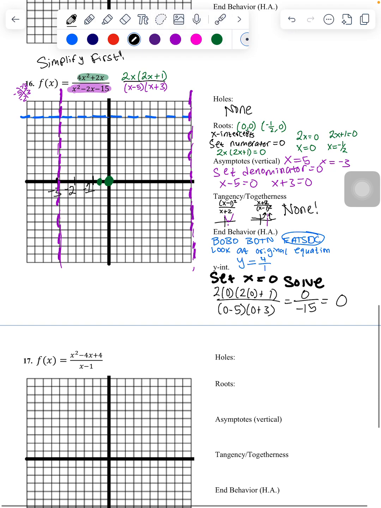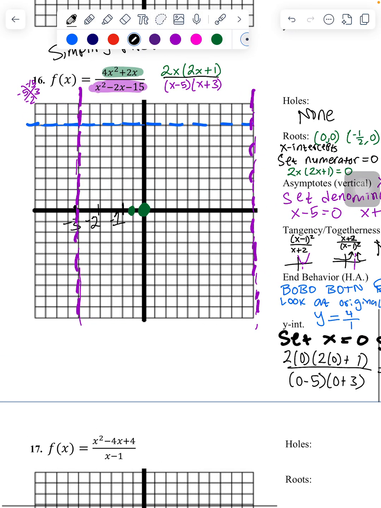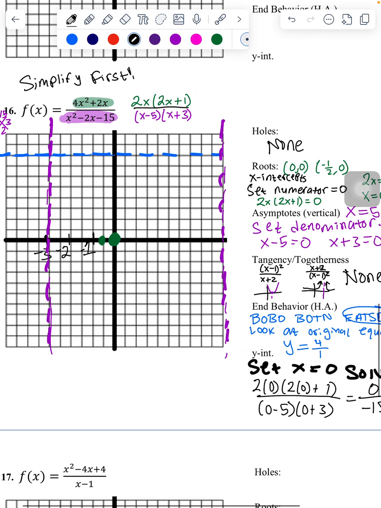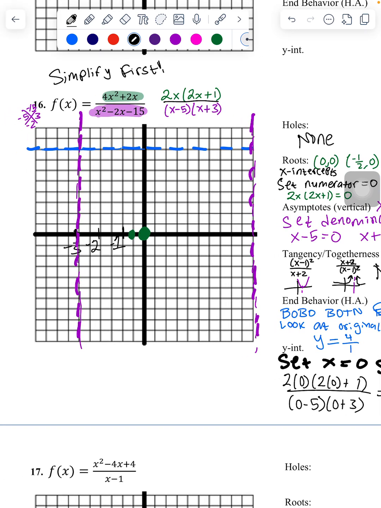Okay, so now let's talk about how we figure out where the pieces of our graph are going. This is where we use a sign chart or something like that. I can figure out which side of my horizontal asymptote my graph will be on if I plug in a number real quick.